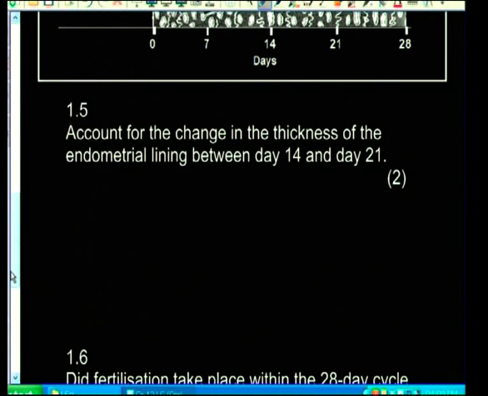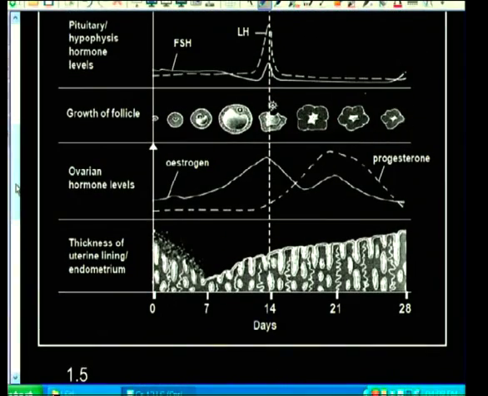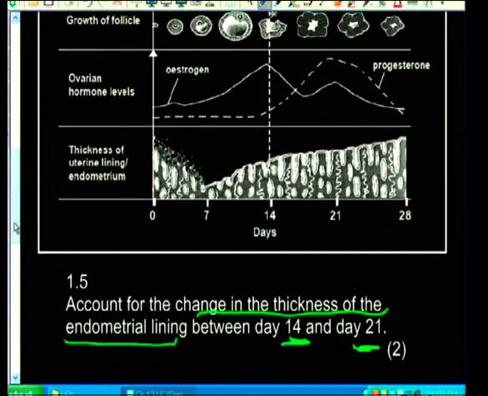Still with that question. Account for the change in the thickness of the endometrial lining between day 14 and day 21. Account for the change. First of all, we must check if there is any change. There's day 14 and there's 21. Look at a couple of things that are happening here.